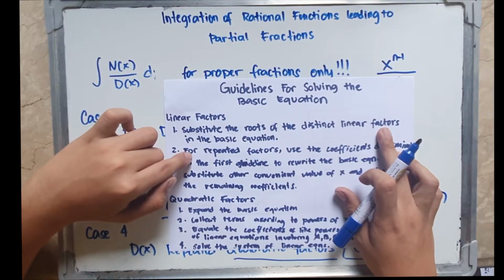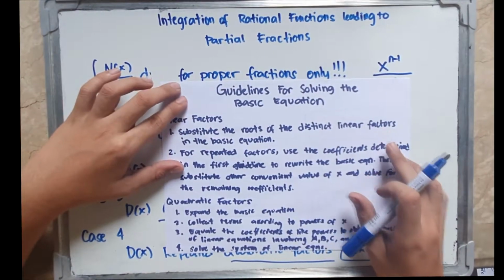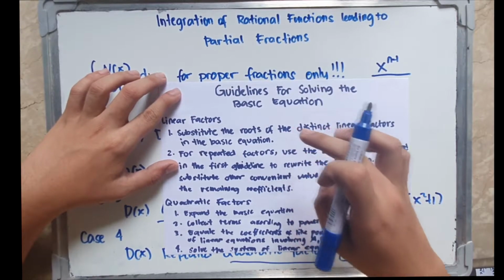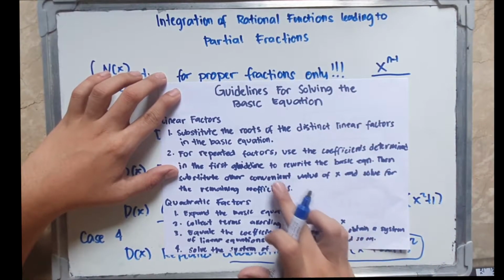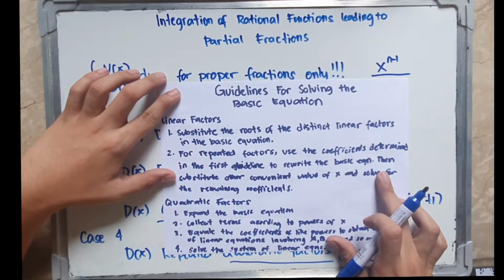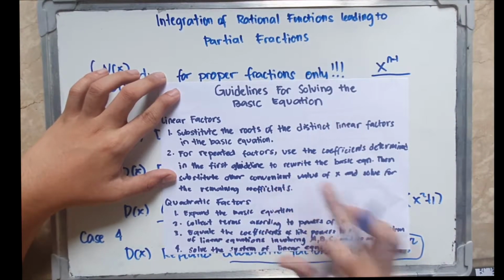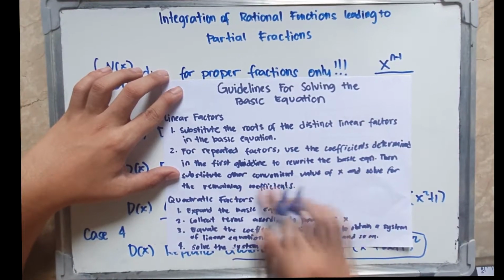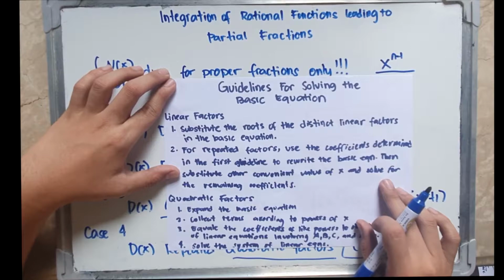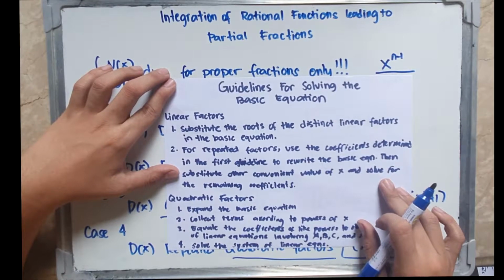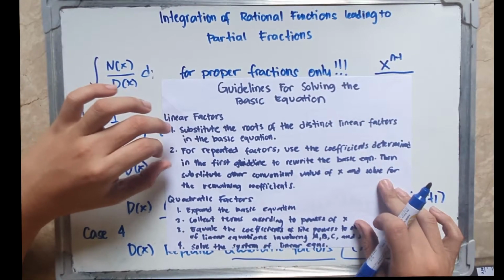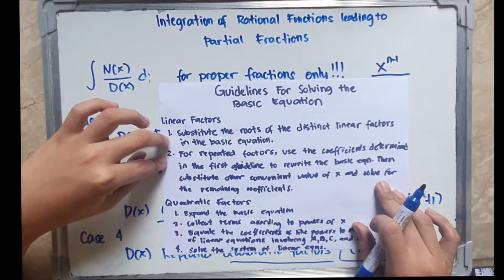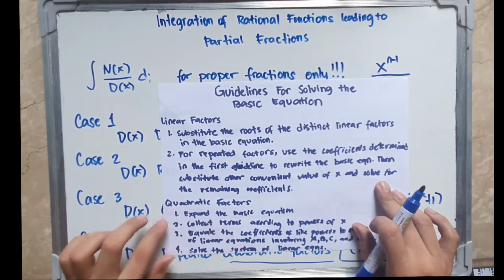Number 2, for the repeated factors, use the coefficients determined in the first guideline, what we have found in number 1, to rewrite the basic equation, then substitute other convenient values for x and solve for the remaining values of the coefficients. So that is the first part, considering linear factors.